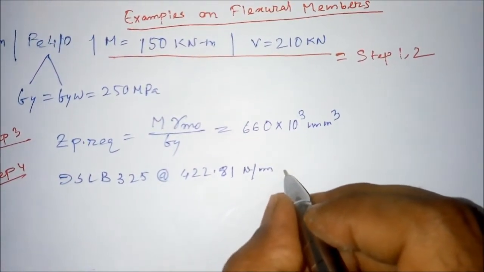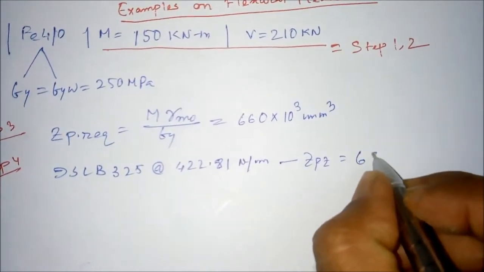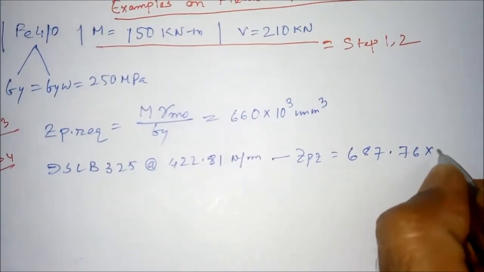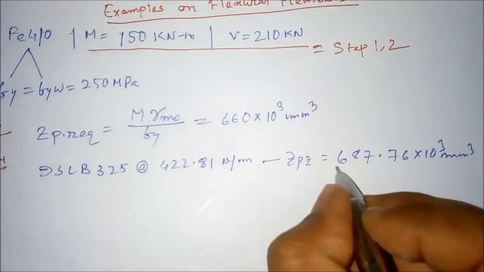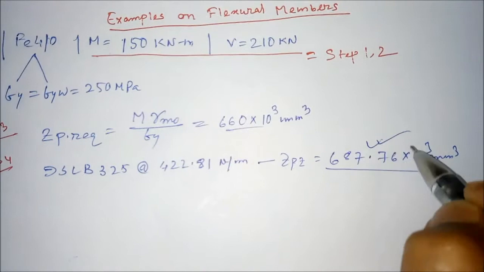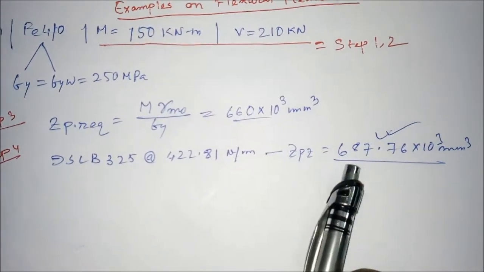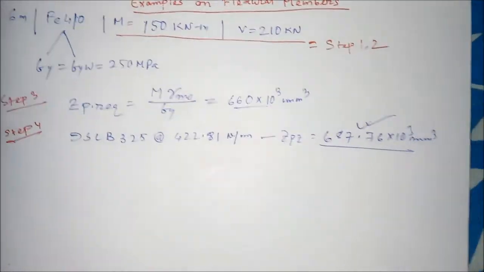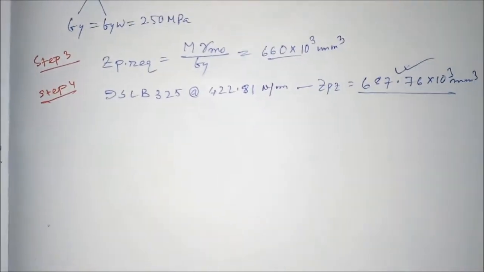The section is having the Zp equals to 687.76 into 10 to the power 3 mm cube, which is greater than this value. So obviously we can try with this, right? This value you can get from IS code IS 800, right? And from SP6 you can find out other geometrical properties of this section.